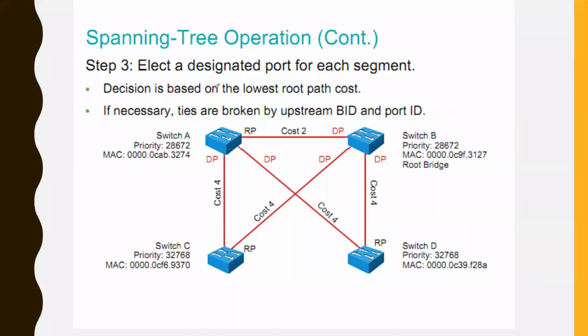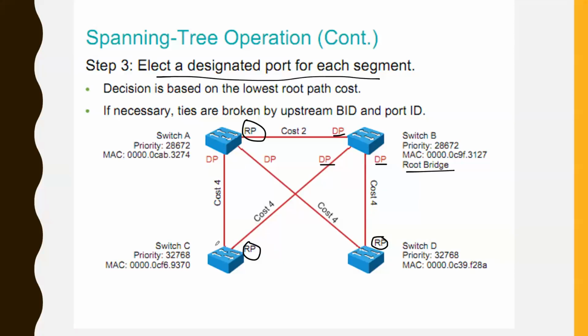Third step is to elect a designated port for each segment or Ethernet segment. As of now, we have got our root bridge and our root ports. On switch A, this is our root port. On switch C, this is our root port. On switch D, this is our root port. And these three designated ports we have already got.